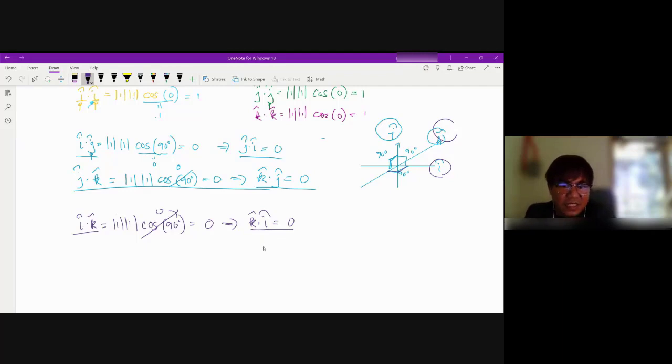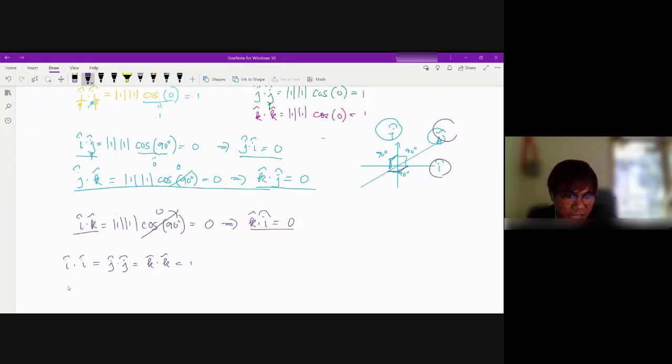So bottom line is, I dot I, basta parehas, that's just equal to 1. Pag dili parehas, that's 0. Okay?